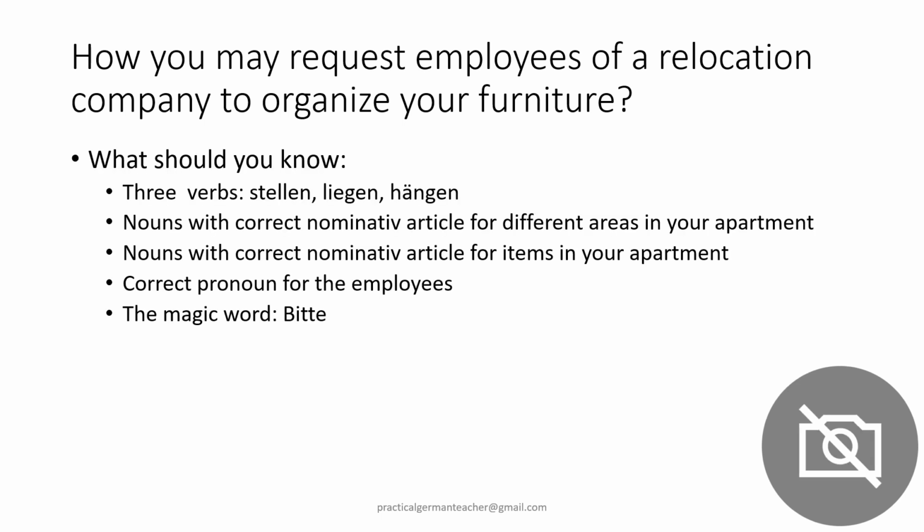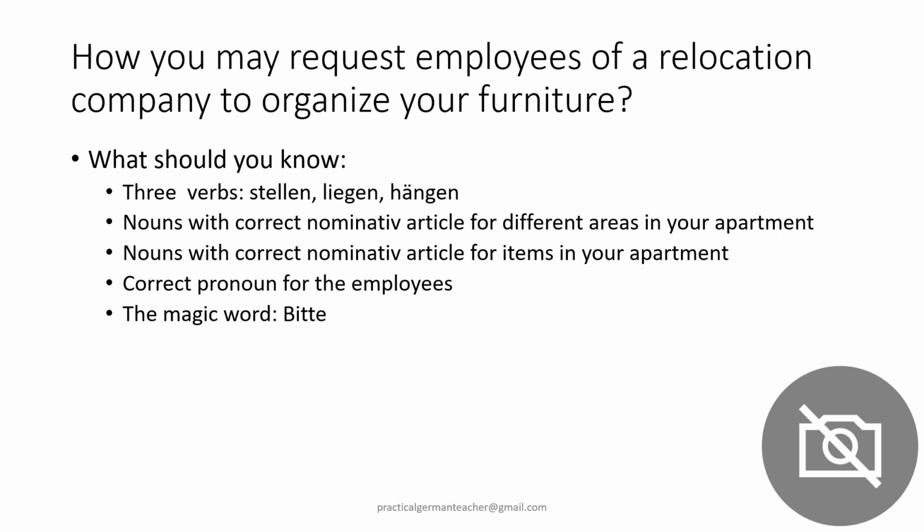To do that, you need knowledge of, if you ask me, 5 basic things. You should know the verbs stellen, liegen, hängen. Stellen means to keep, liegen means to lie, hängen usually means to hang. Again, they can have different meanings depending on the context, but here they mean what I just said. That was the first thing that you need to know. Second is you should know the German words for different areas in your apartment.